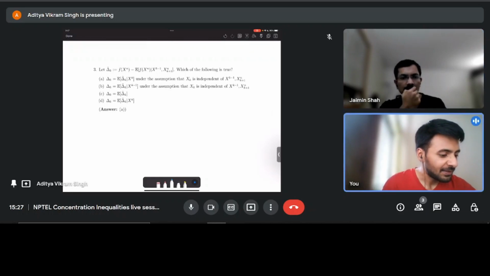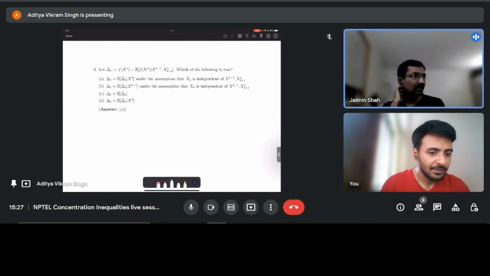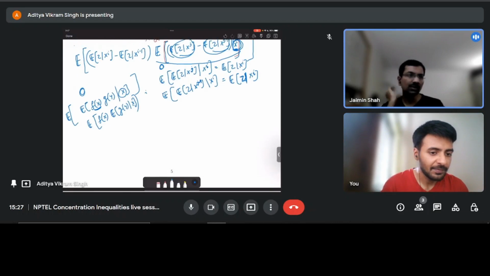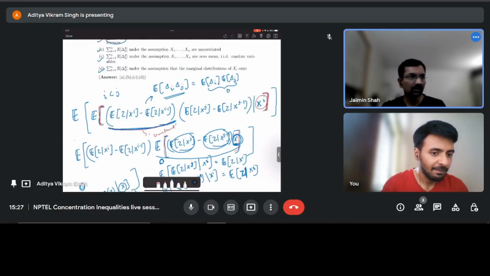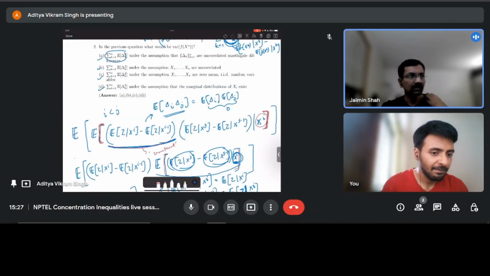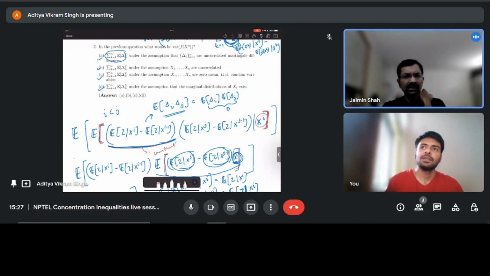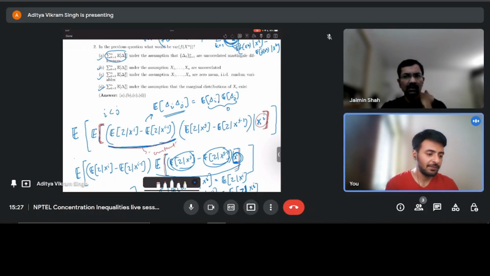Actually, I'm not sure, because I haven't gone through it to clear my doubt. But the theory of this can start with the properties of the bounded difference. There was no bounded difference when we started this Efron-Stein.